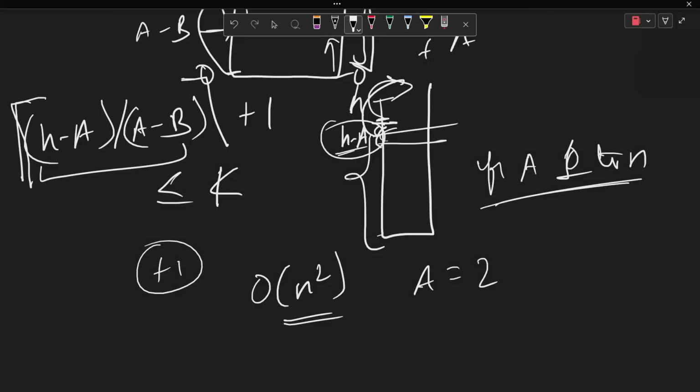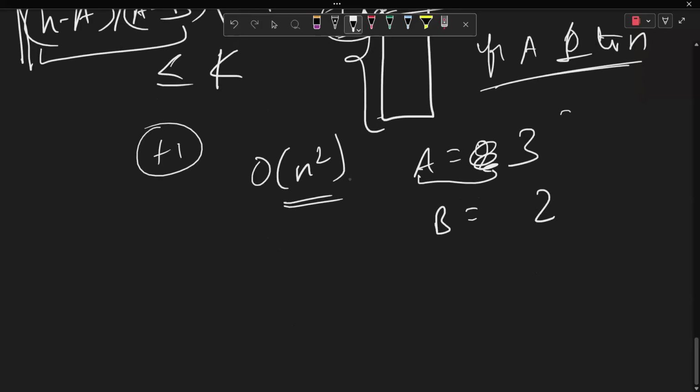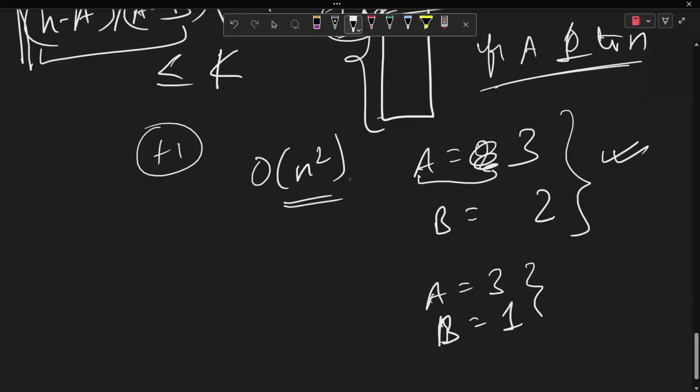Let's say a equal to 3 and b equal to 2 satisfies our condition. If this satisfies, then would a equal to 2 and b equal to 1 satisfy? Just by looking at this, yes, it would.